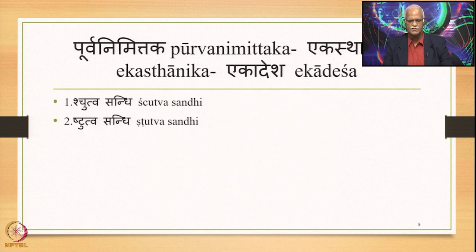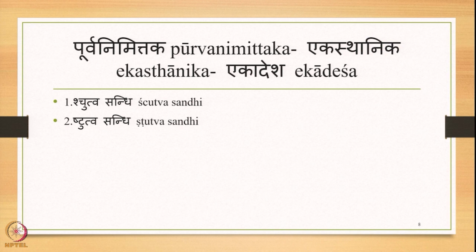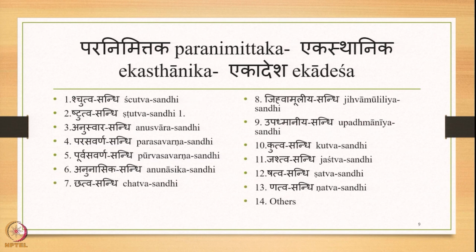There are two instances of Purvanimittaka Ekasthanika Ekadesha, Shtutva Sandhi as well as Shtutva Sandhi. And there are several of Paranimittaka Ekasthanika Ekadesha, namely Shtutva Sandhi and Shtutva Sandhi, Anuswara Sandhi, Parasavarna Sandhi, Purva Savarna Sandhi, Anunasika Sandhi, Chatva Sandhi, Jivhamuliya Sandhi, Upadhmaniya Sandhi, Kutva Sandhi, Jashtva Sandhi, Shatva Sandhi and Anatva Sandhi.